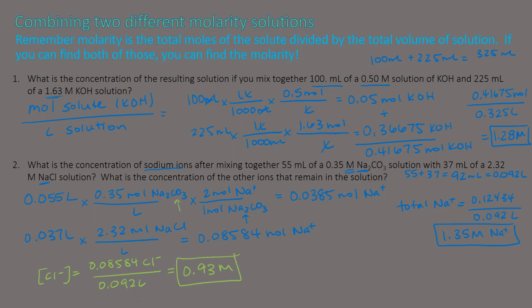Carbonate is a little bit different. So for carbonate, because there's only 1 carbonate here, right? There's only 1 carbonate in that. We don't have to multiply by this 2 to get there. We'd actually multiply 1 mole of this has 1 mole of carbonate. So it would just be half of this number right here, right? So if you took 0.055 and multiplied it by 0.35, this and this, you would get the number of moles of carbonate, which is 0.01925.